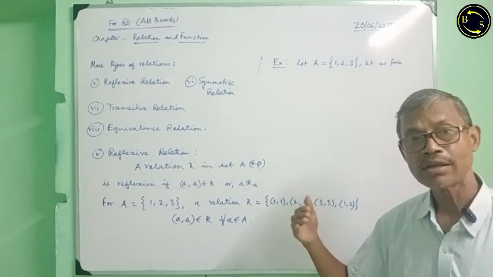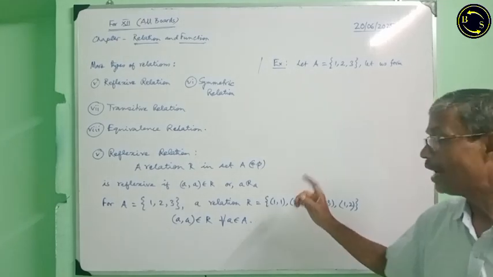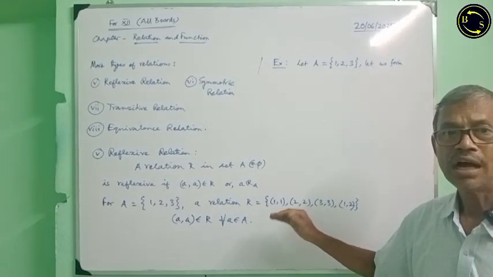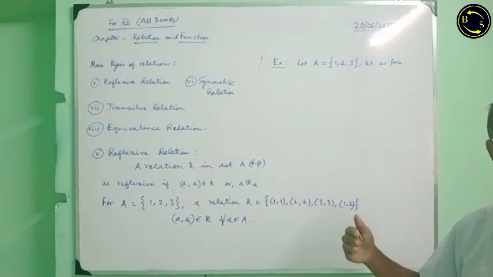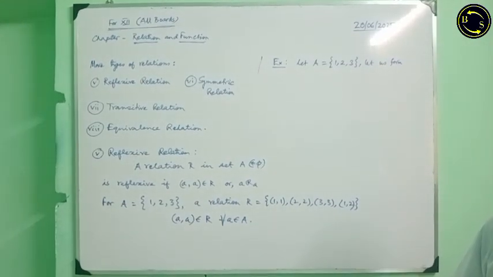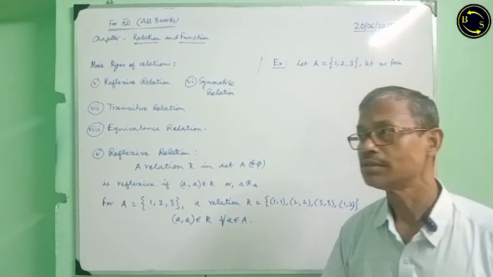Hence, we can conclude that the identity relation is also reflexive, but the converse is not true. Not every reflexive relation is an identity relation.